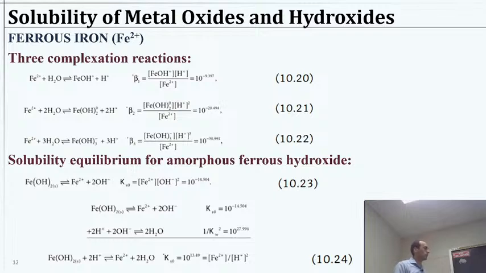And so we do that little trick and we get a final equation here where we have Fe(OH)2 plus 2H+ in equilibrium with Fe2+ and water, and getting a solubility product for that. That's going to be convenient when we want to assemble a plot that gives us a speciation diagram, right? What species of iron are we given at a particular pH?